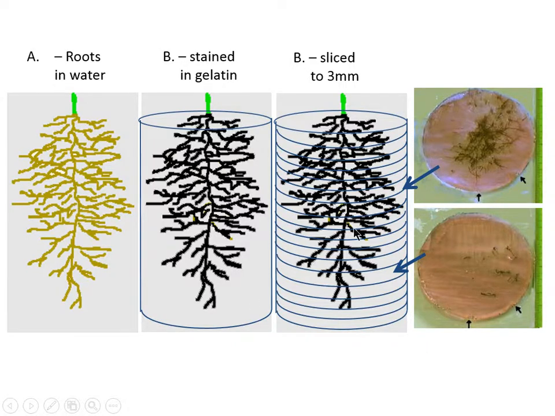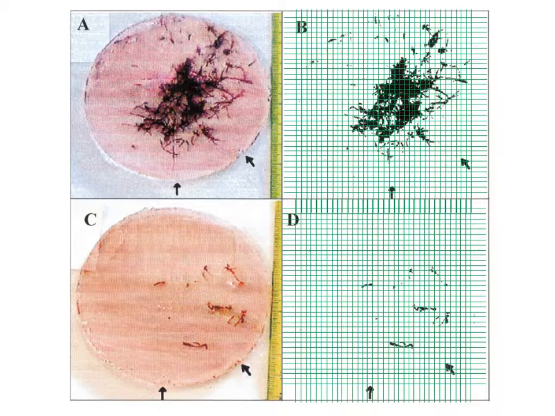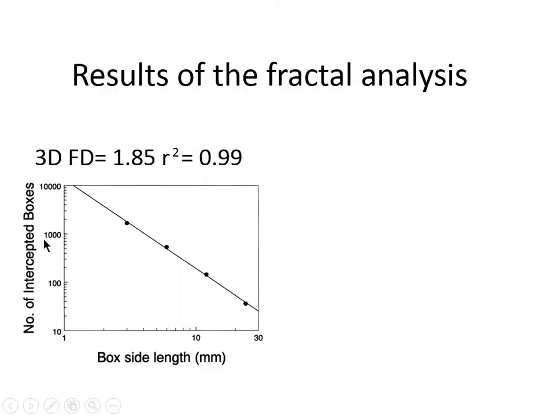I've immersed them in gelatin, and then I could cut them into slices and digitize that and do the trick of the analysis and determine the fractal dimensions of various parts of this root system. So overall, the root system of this dwarf tomato had a 1.5 fractal dimension with a very high correlation.